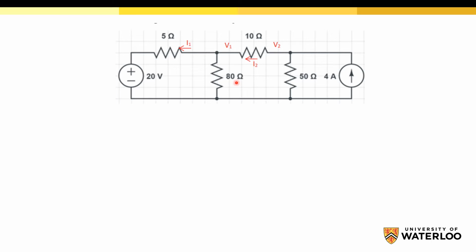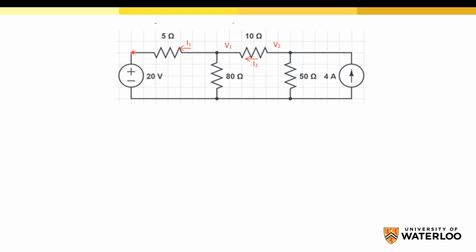Then we should choose one node as a reference if it's not defined in the circuit. I prefer to choose a reference connected to a voltage source. So I will choose this node as a reference, because if this is my reference, the voltage here is 0 plus 20, which means this point is 20 volts.